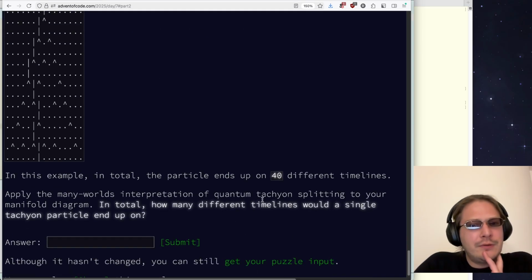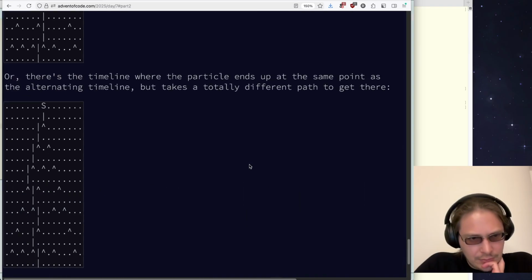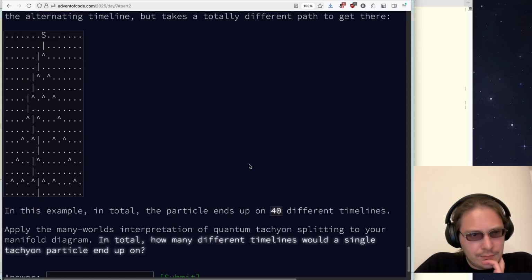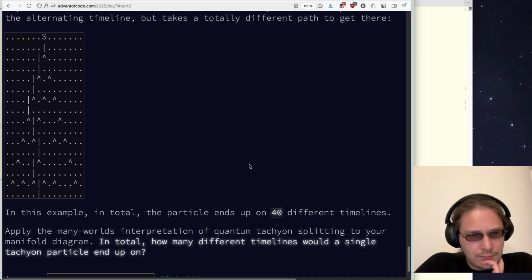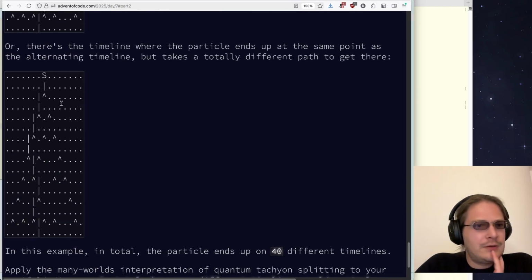In this example, in total, the particle ends up in 40 different timelines. Why is it 40?